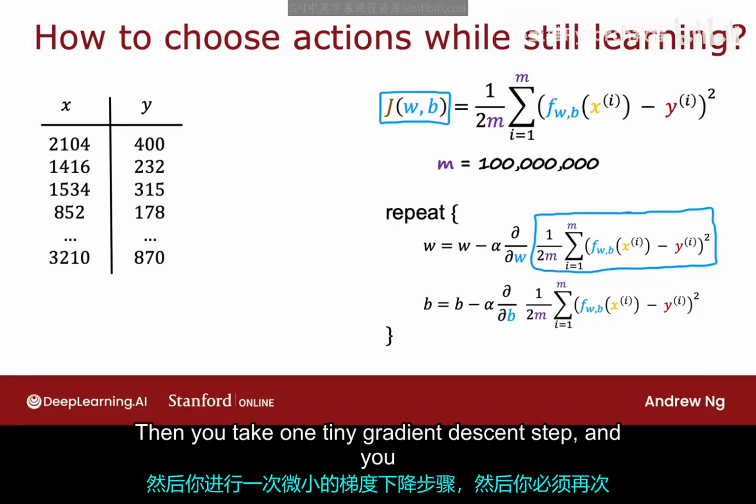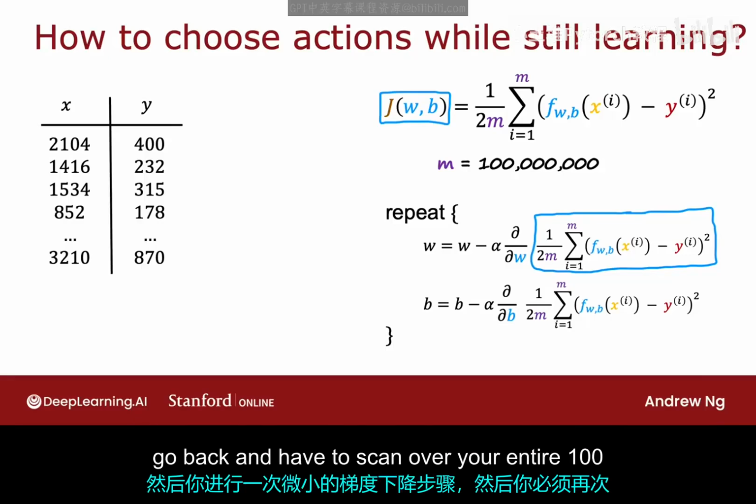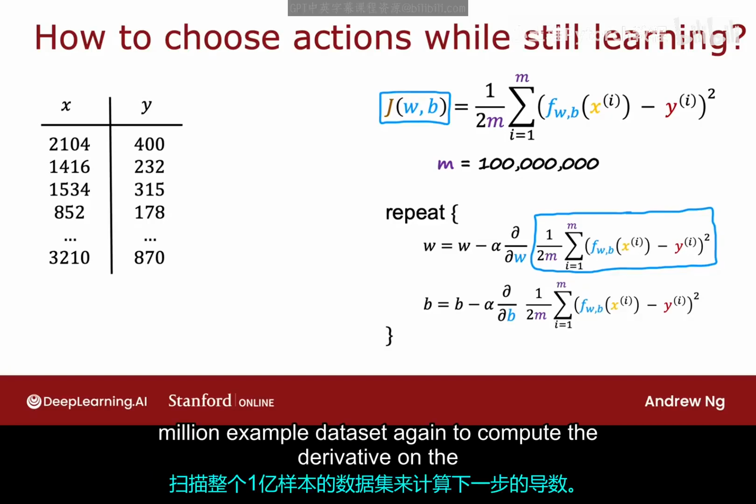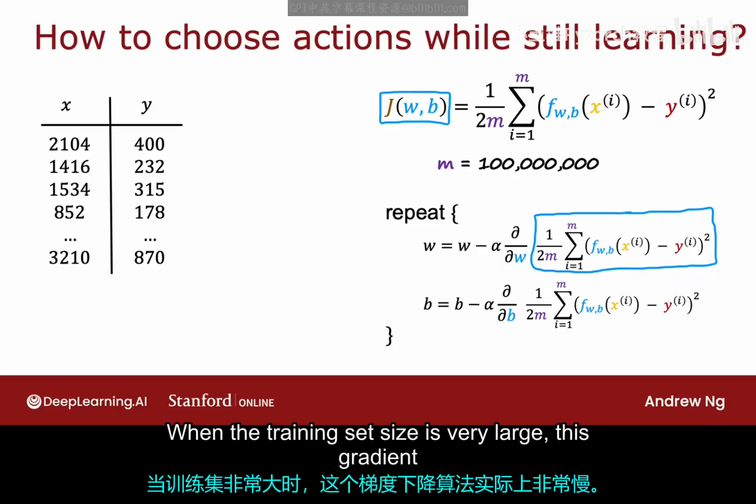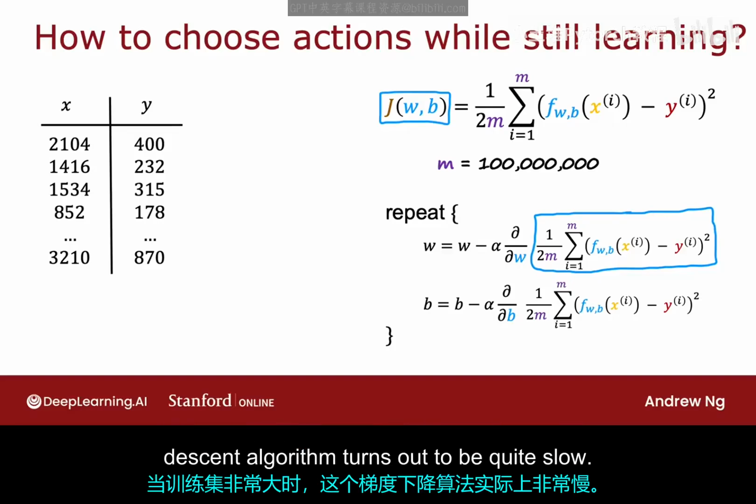Then you take one tiny gradient descent step and you go back and have to scan over your entire 100 million example data set again to compute the derivative on the next step. Then you take another tiny gradient descent step and so on and so on. So when the training set size is very large, this gradient descent algorithm turns out to be quite slow.